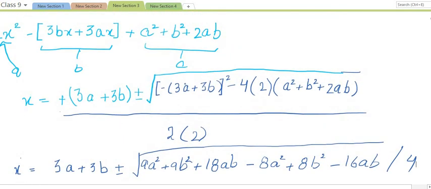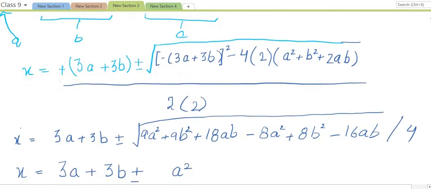Yeah, it is negative, because there is minus 4, then it becomes minus 8. It is plus b square, 18ab minus 16, it becomes 2ab. Clear?